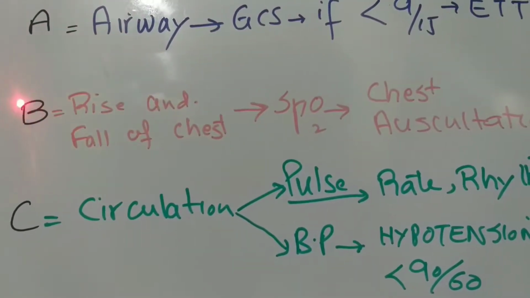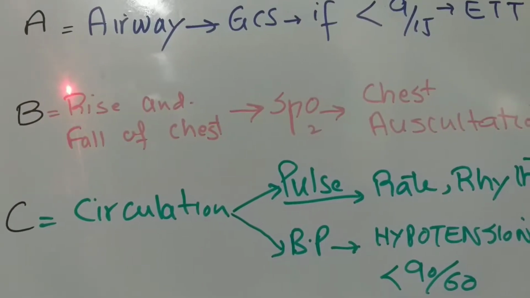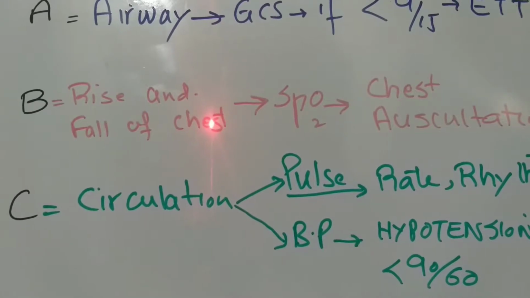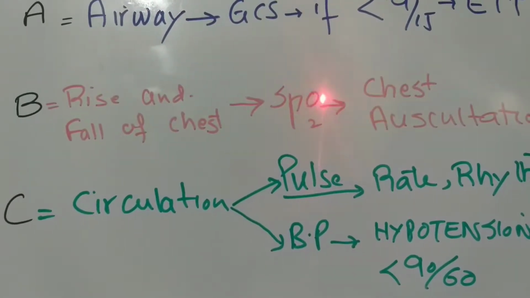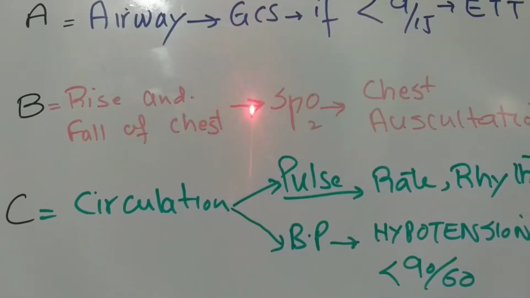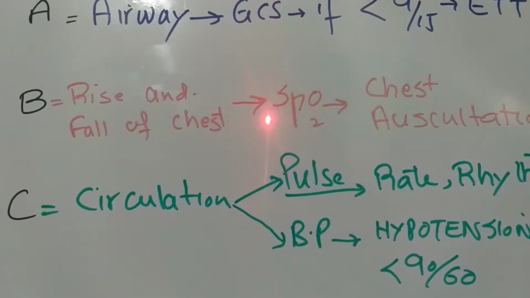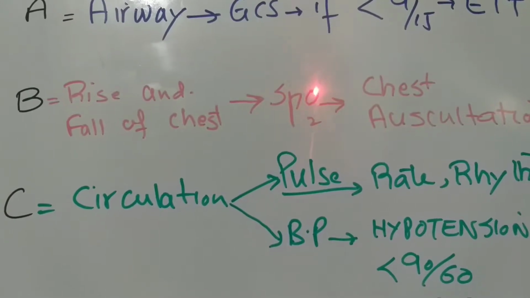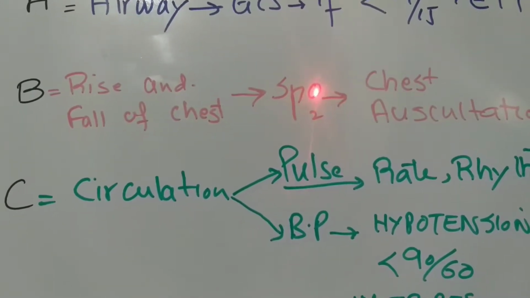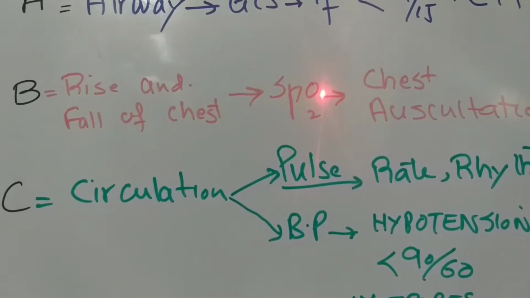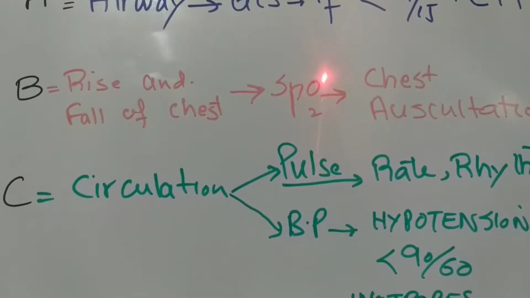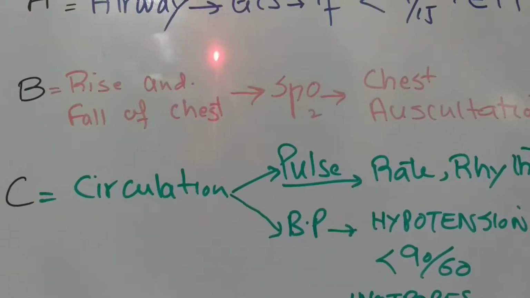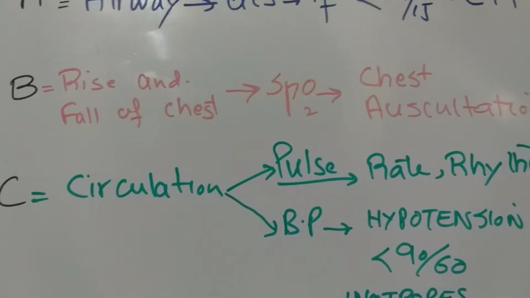Now B is breathing. First you look at the rise and fall of the chest if someone is drowsy, and you will have to look at the saturation of the patient, SpO2. SpO2 is the percentage of the hemoglobin which is saturated with oxygen, and if it is less than 94, you will have to put the patient on oxygen, and it can even be on the very lower side if the patient has presented with shortness of breath and the patient had MI and developed cardiogenic shock or cardiac failure.